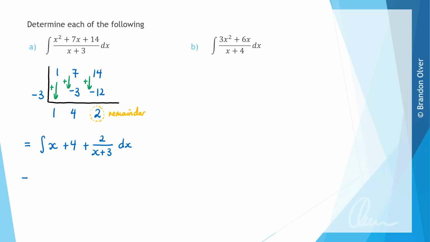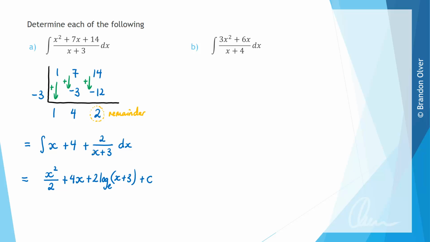So to anti-differentiate that, we simply take our x and we add 1 to the power, so we get x squared, and divide by the new power. Then we add on to that 4x, so anti-differentiating the constant 4 gives 4x. And then we have plus 2 times log e of x plus 3. And then we still have a plus c, which is the constant of integration.